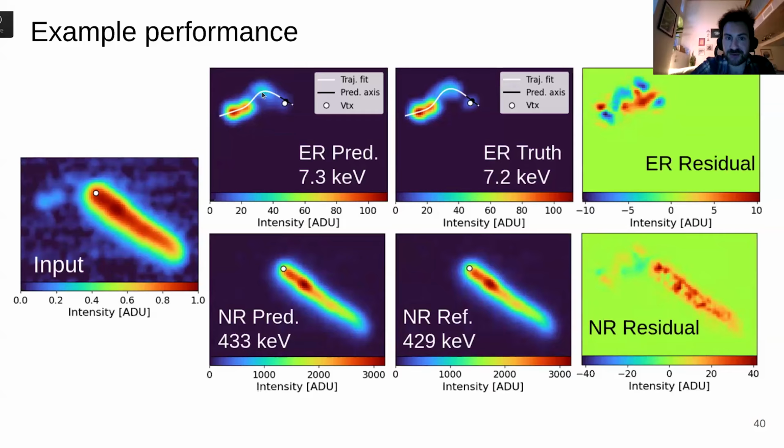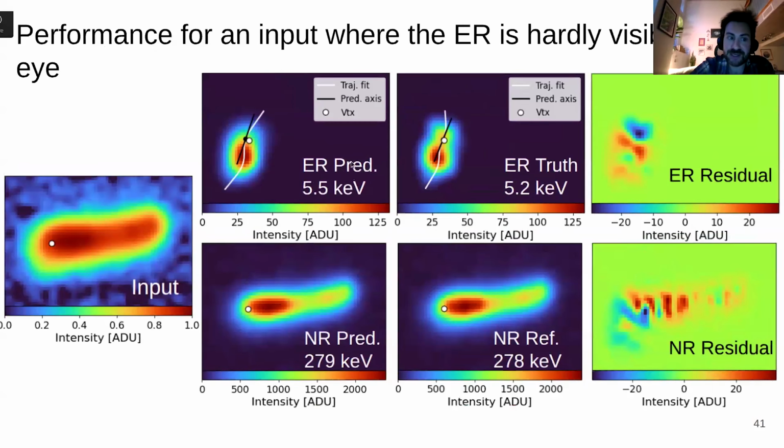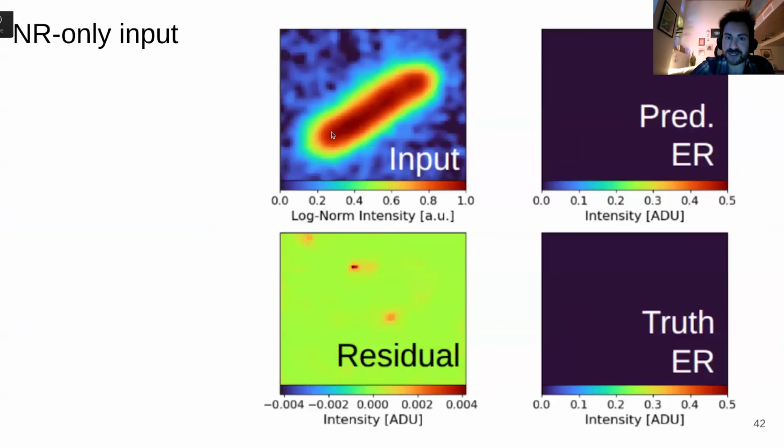The direction that you can map to this event, if you fit a curve to it, ends up aligning really nicely, and we get energies that align nicely. Even with events where your electron recoil is really buried, we get something that does a pretty decent job. We validated that this model doesn't hallucinate: if you take a nuclear recoil only, as it should, it doesn't predict an electron recoil.